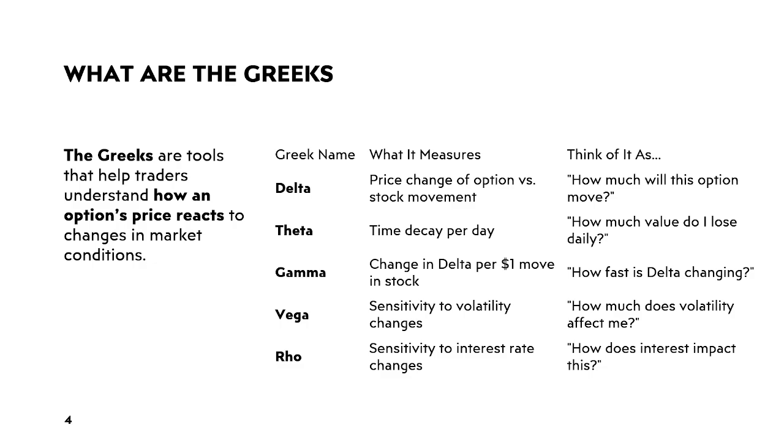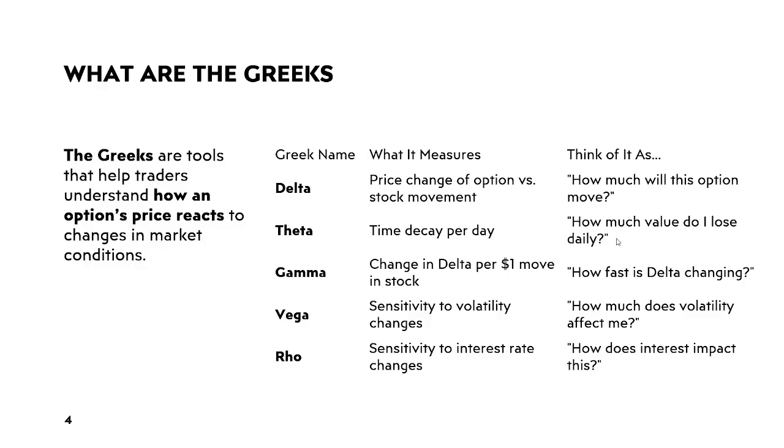So you might be asking yourself, what are the Greeks? I have everything on the screen here, but we'll just go over it. The Greeks truly measure how option prices react to different forces. They help answer questions like, how will my options react to a $1 move in the stock market, or how much value am I losing each day?